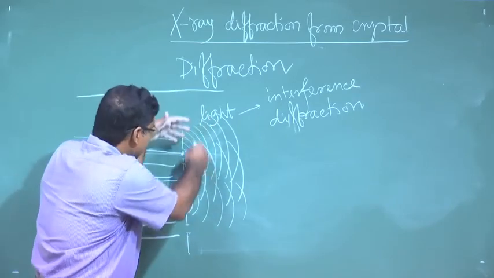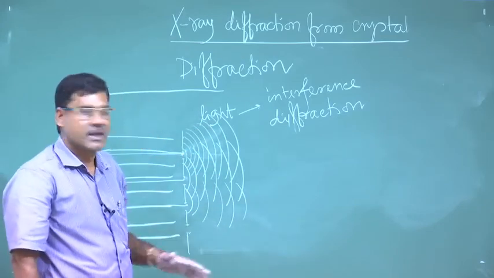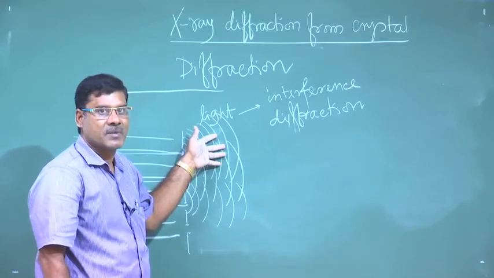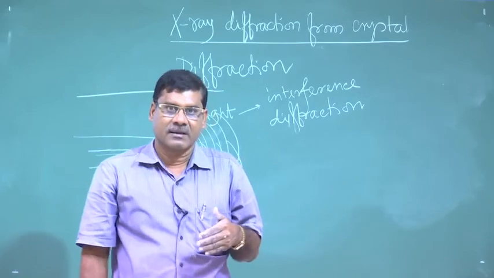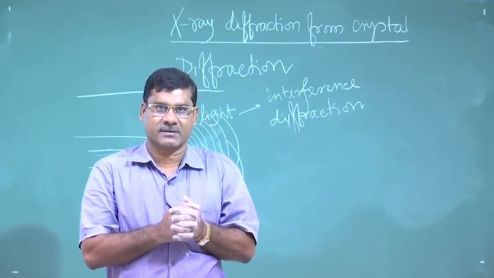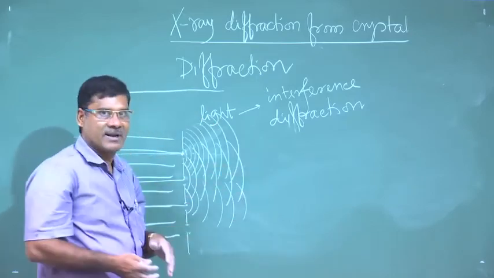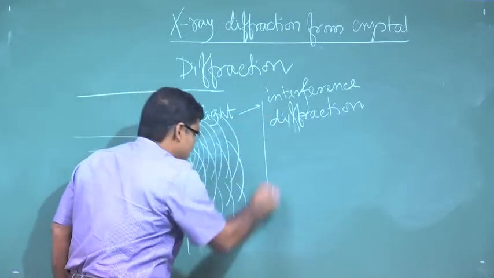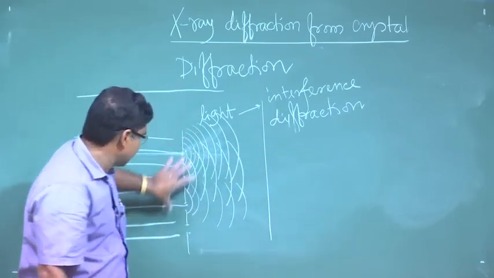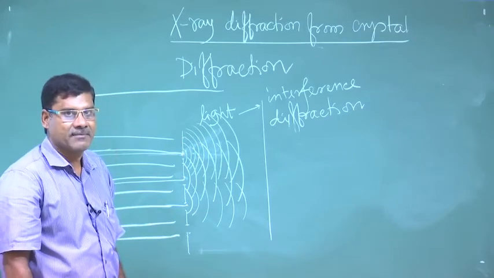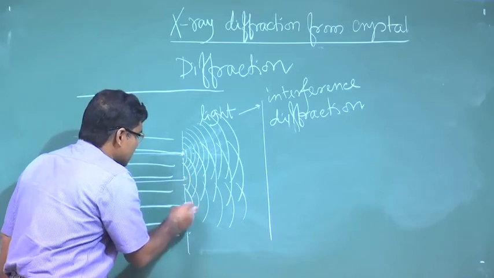Now these secondary waves, coming from different holes, overlap. Because of this overlap, we say they interfere with each other. This interference among the secondary wavelets is what we will see here, and that is diffraction. Here I have drawn a grating, which has many holes.